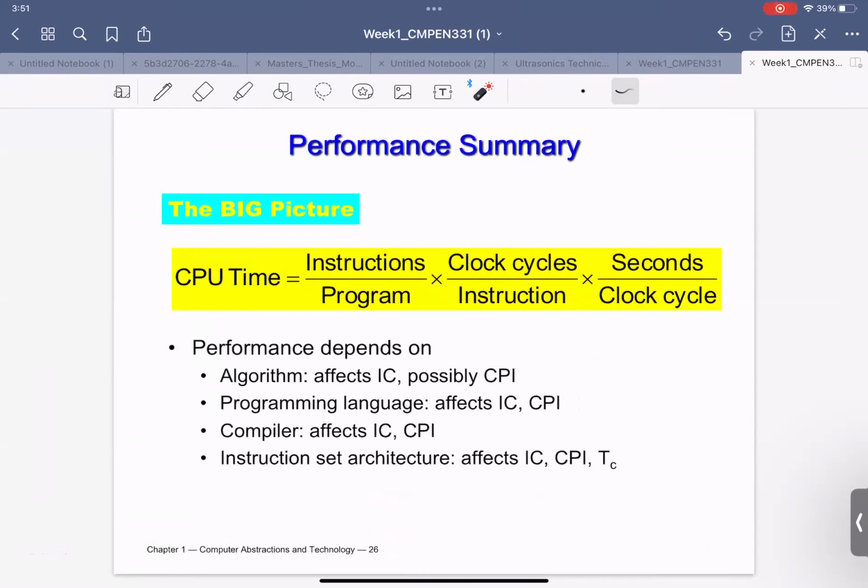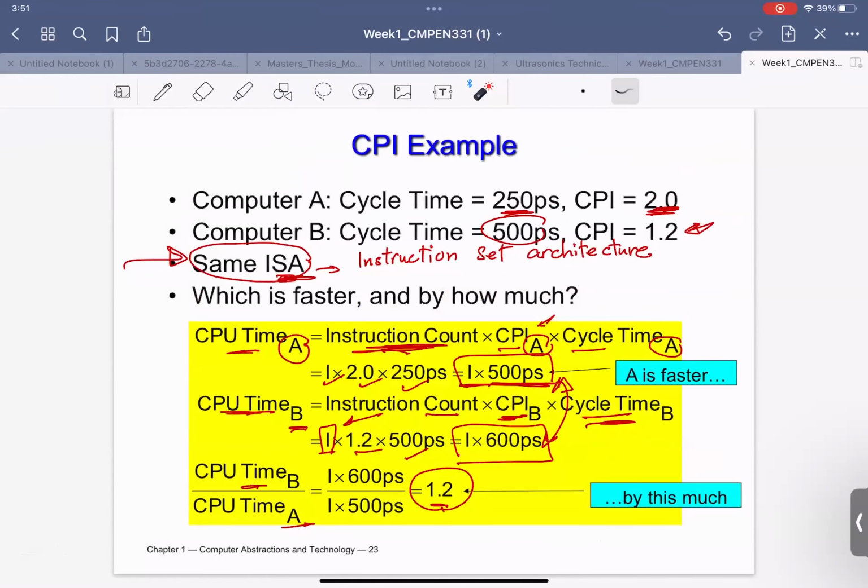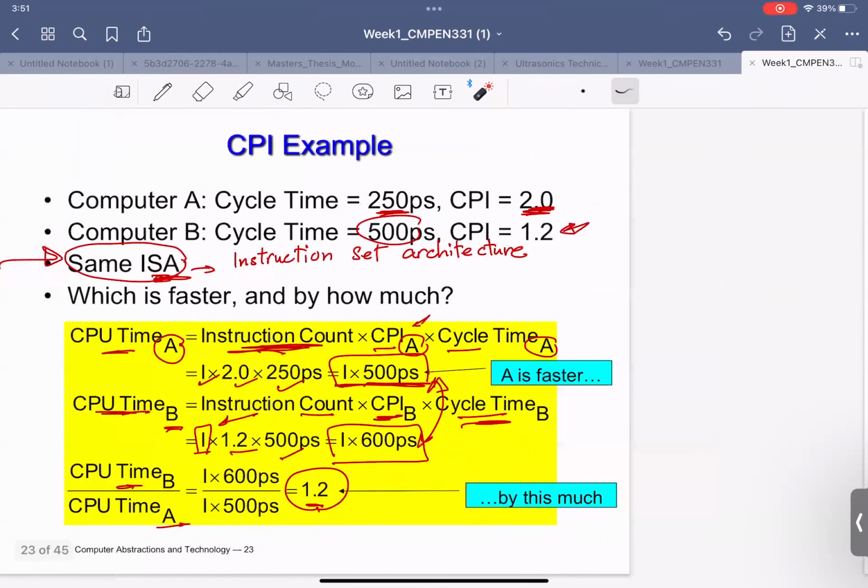Just as a summary, we mentioned that at the very end, CPU time is what? Seconds, correct? Or seconds per a particular program. And we calculate that by multiplying, as we have seen here, the instruction count multiplied by the CPI multiplied by the cycle time.